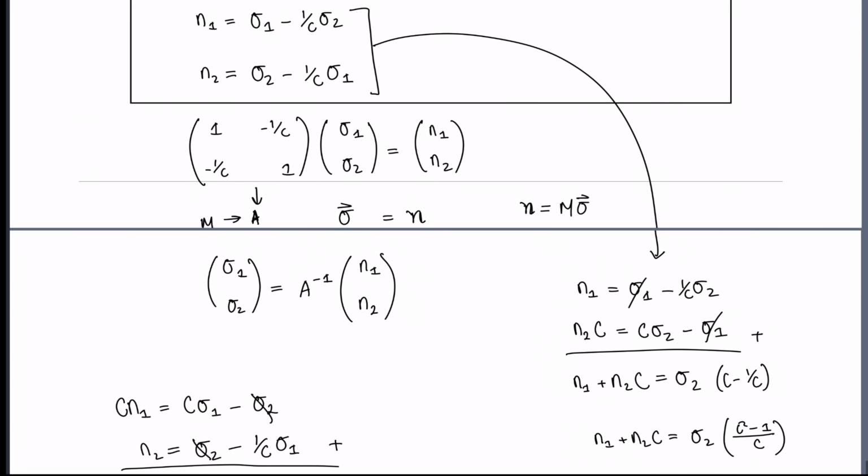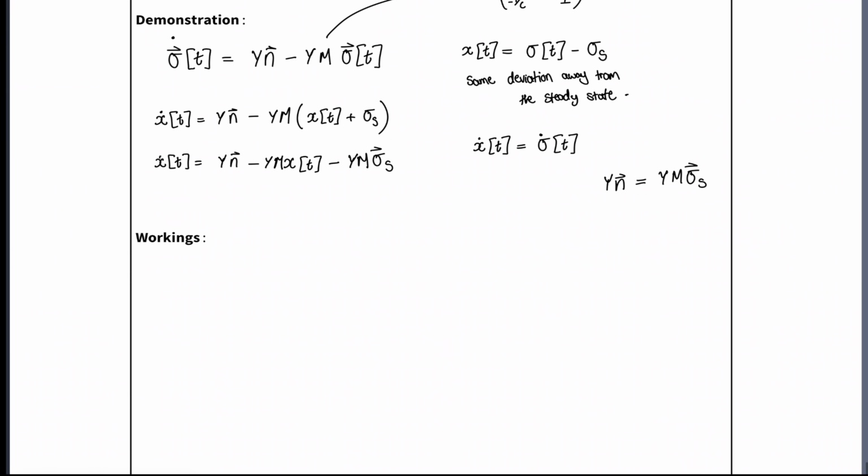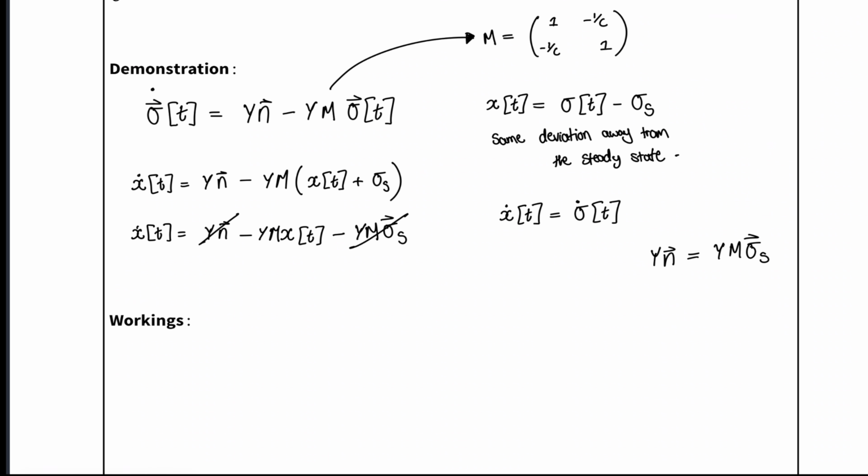So we can write this vector as S. And if you notice, before we divided by gamma. So if we bring back that gamma, we get gamma eta, the vector eta, is equal to gamma M, the vector sigma s. So this is equal to that, and that's exactly what we have over here. So all that means is that these two will cancel out, because when I move this to the side, we're going to be left behind with 0.